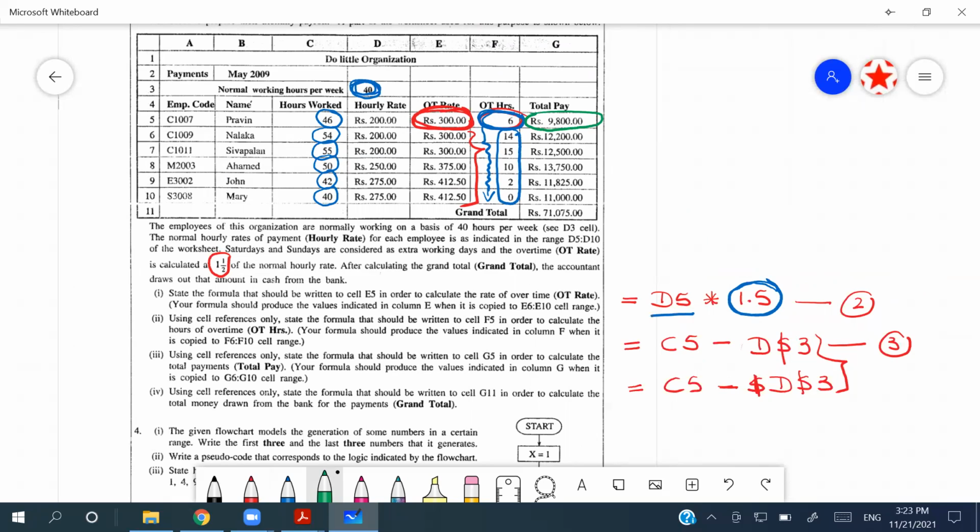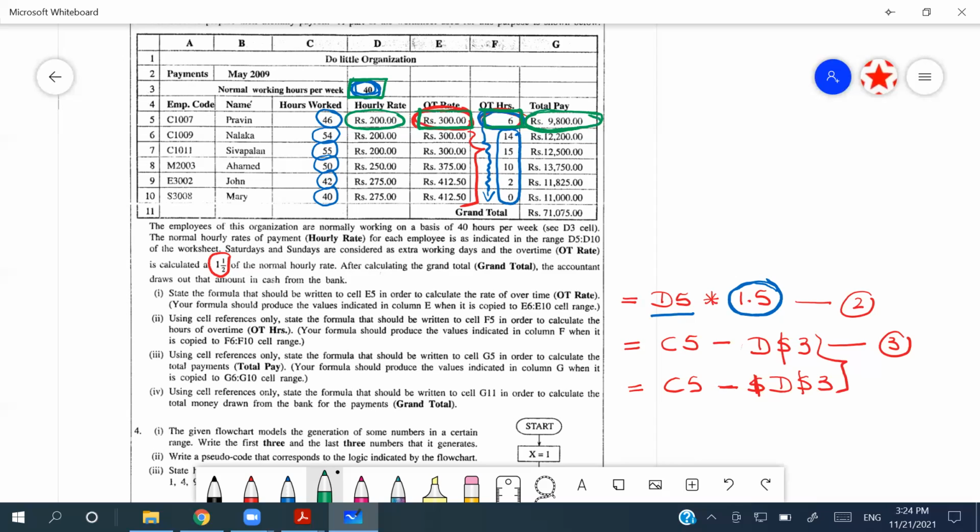Like this: the hourly rate should be multiplied with the normal hourly rate, then should add the answer of OT hours multiplied with the OT rate, right? So they are asking the value for G5 right over here.